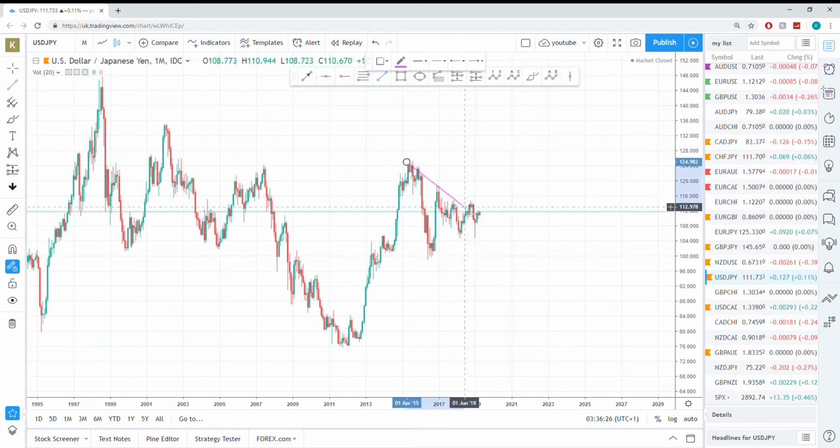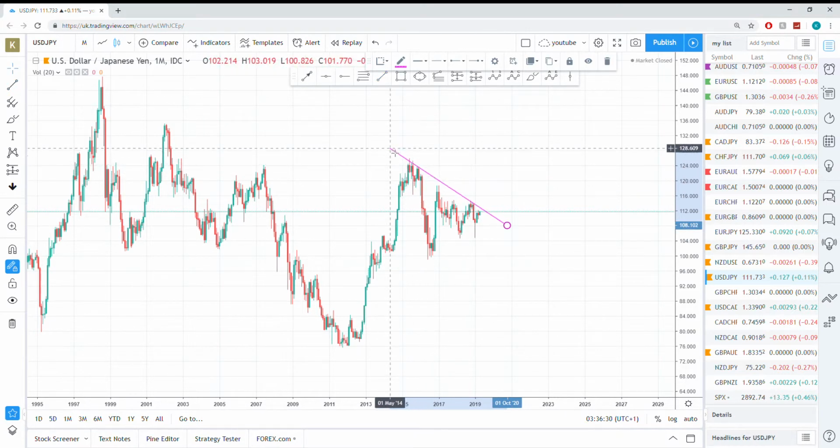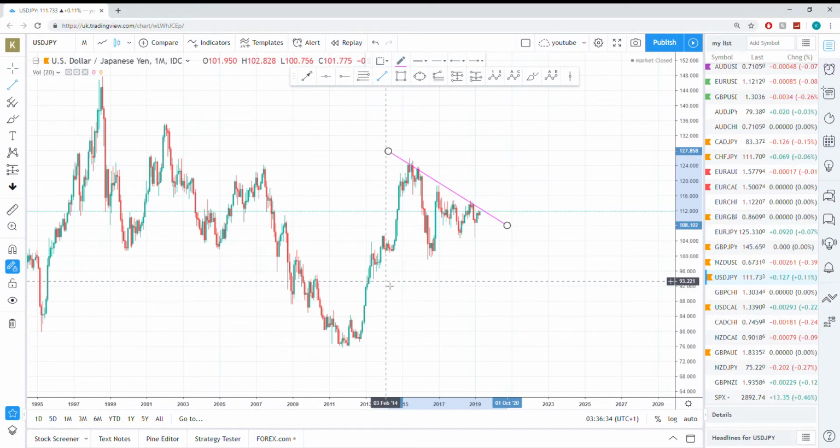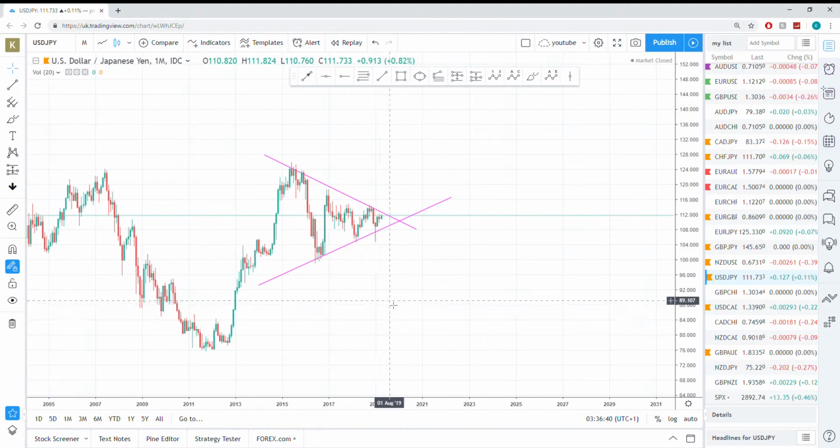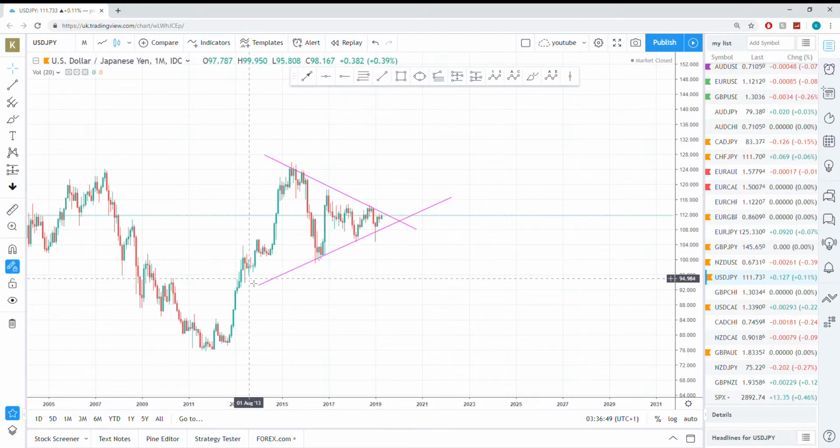So, you can see we've got a little flag pattern forming right here, like that. What a flag pattern is, is a huge push upwards, and we get a rejection on each of these trend lines here, and they're very well respected.